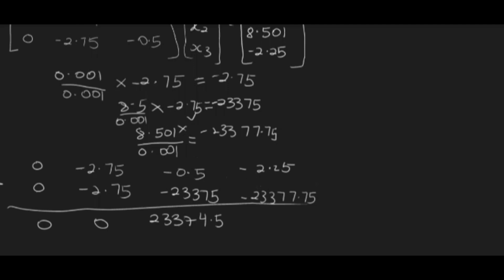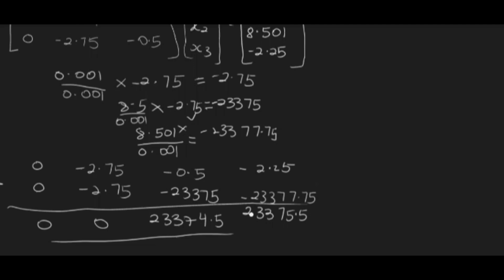So I'm going to get negative 2.25 plus 23377.75, so I'm going to get 23375.5. Right, so this is my new row entry.